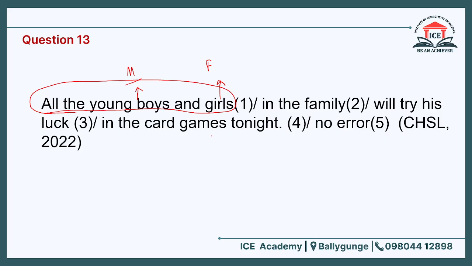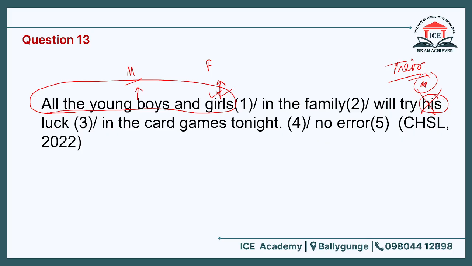Therefore, look at the personal pronoun which is used for this: his. We know his is used only for masculine gender. It doesn't cover girls, feminine gender. So there is the error. Moreover, his is a singular pronoun which should not be used here, because in our subject there is more than one person present, young boys and girls.